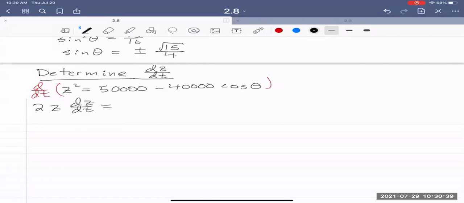Minus 40,000 times the derivative of cosine, which is a minus sign, and so that'll give you a plus 40,000 sine of theta times the derivative of what's inside. The derivative of theta is d theta/dt.